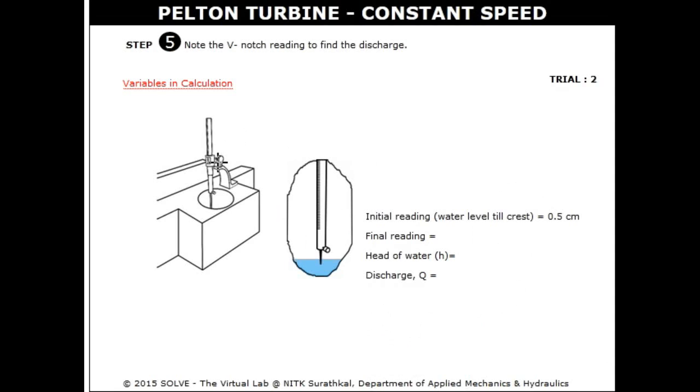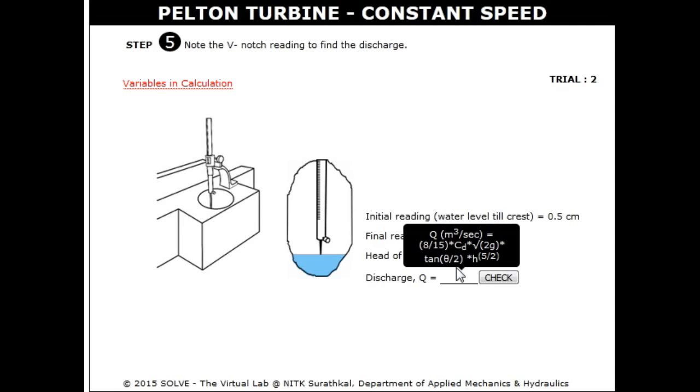Operate the V-notch hook gauge. This is the initial reading. After the water level comes up, it will give the final reading. So the difference is the head of the water. With the help of this equation for the V-notch, we will calculate the discharge value.